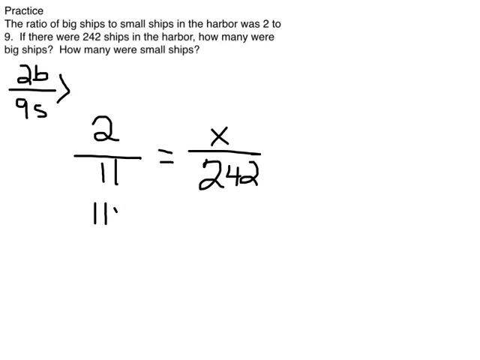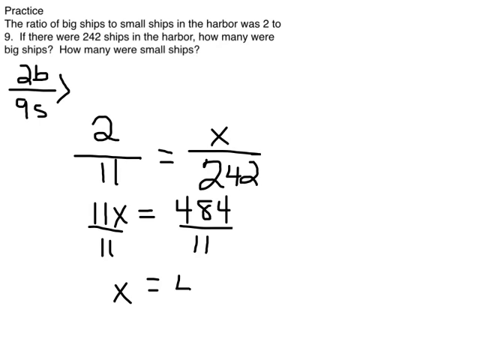So 11X equals 242 times 2 is 484. Divide both sides by 11. X is equal to, let's see, 11 goes into 48 4 times, 44.